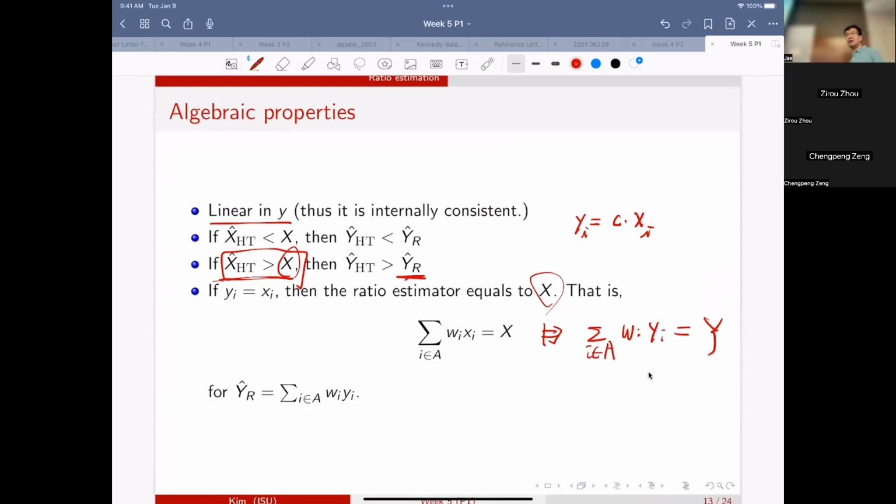Perfect. No sampling error. It is perfect if this is a perfect relationship. This is true, and you can check it easily.